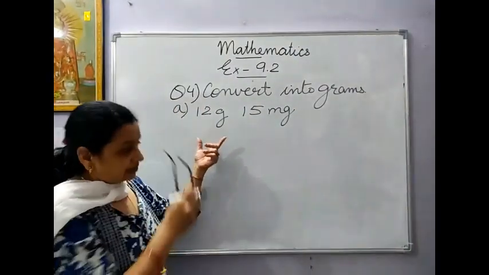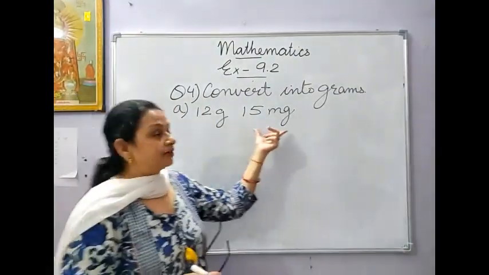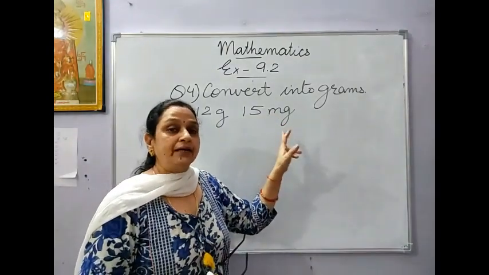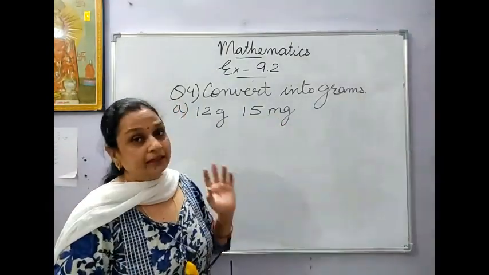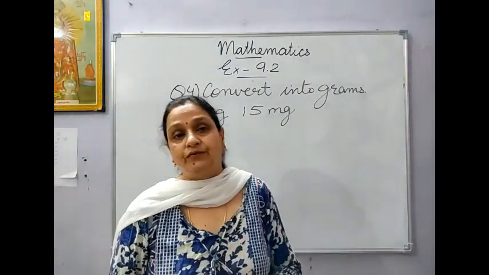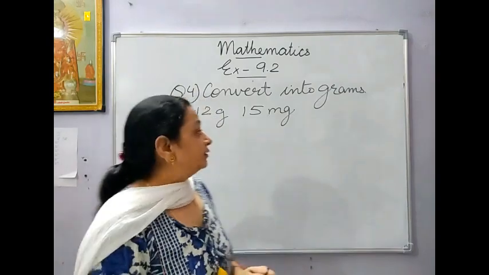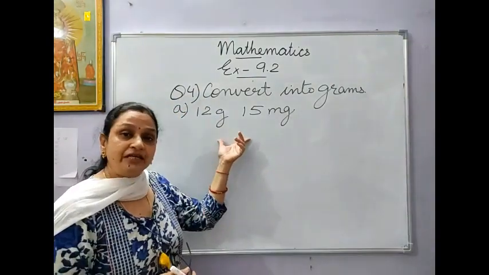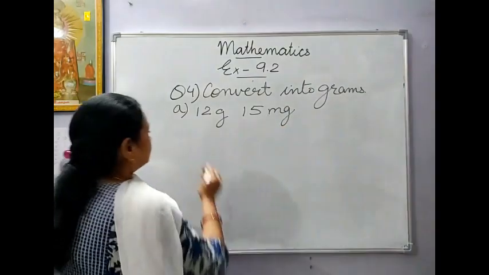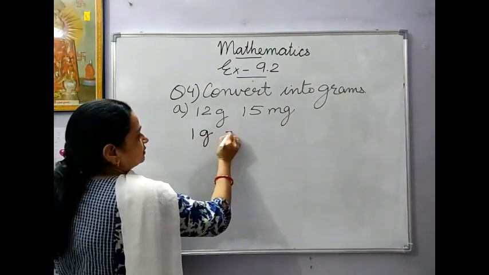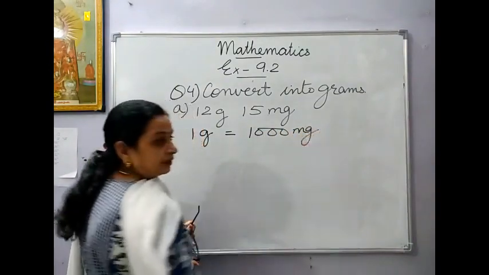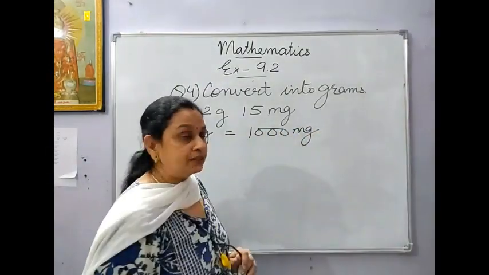This is already in grams, and this is milligram, and you know milligram is smaller than gram, and when we convert the smaller unit into a higher unit we always divide. But first of all we will write the relationship between gram and milligram. What is it? 1 gram is equal to 1000 milligram.